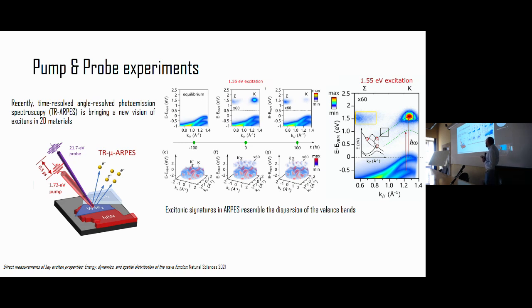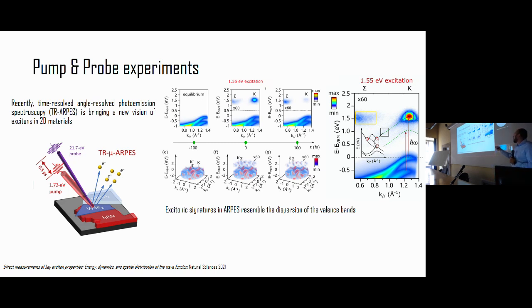But what you can do is to excite the sample optically with a pump. And then your probe will be an ultraviolet, normal ARPES probe, with energy of more than 20 eV. So you will have also the band structure, but of course you can see that you have some dots that are the excitation that you are inducing by this pump. And people are thinking that those are the excitonic signature in the ARPES.